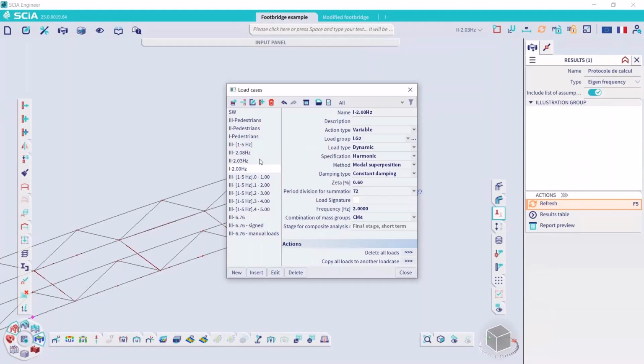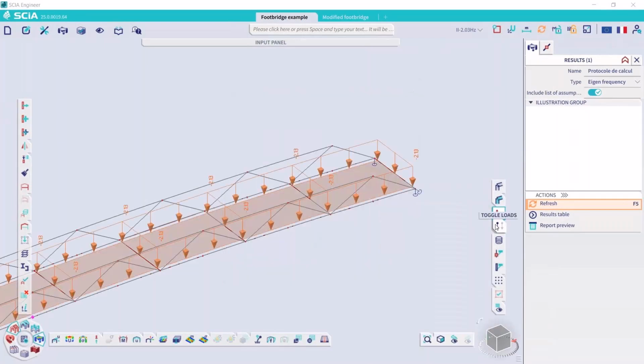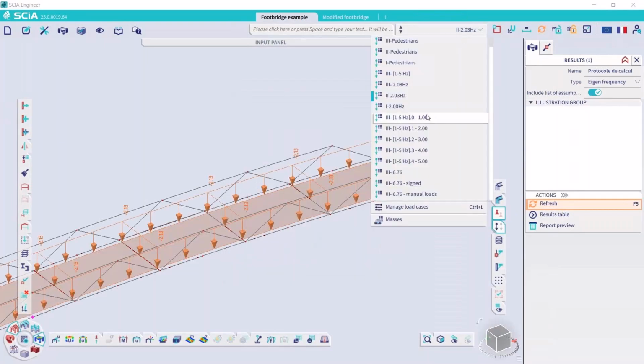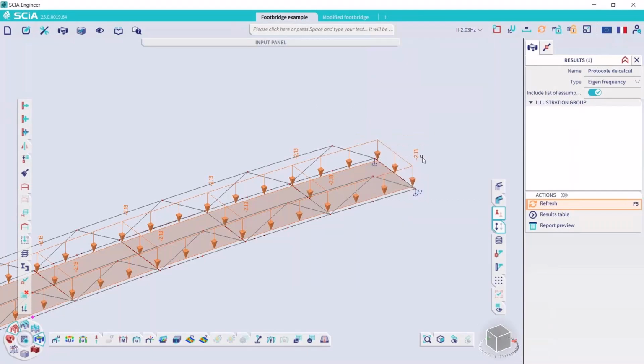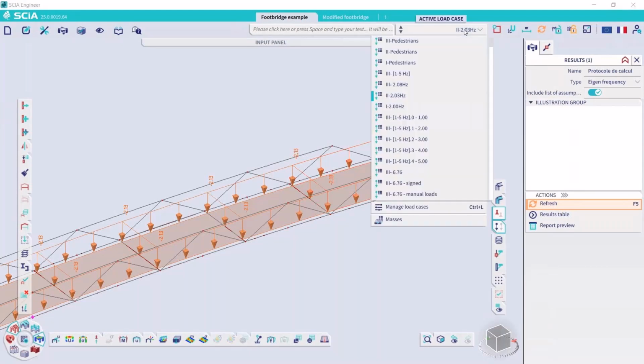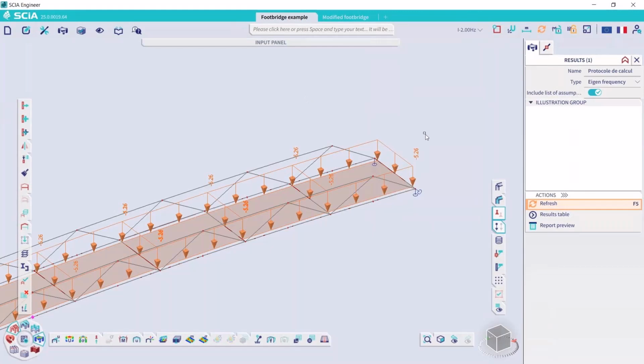For footbridge of class 1, we use a frequency of 2 Hertz, and the combination of mass groups is combination CM4. In terms of loads themselves, for the class 2 footbridge, we have a load of 2.13 kilograms per square meter to be applied, and for class 1, it's 5.26.